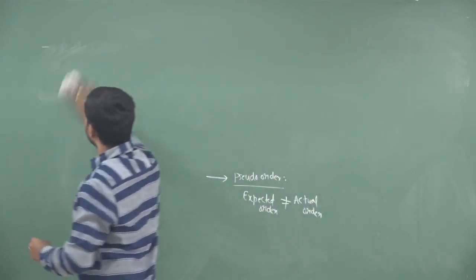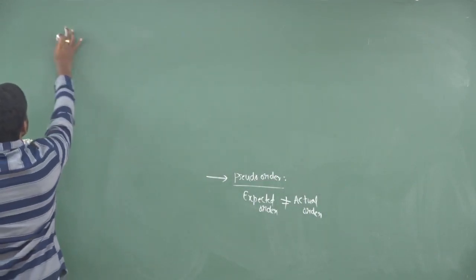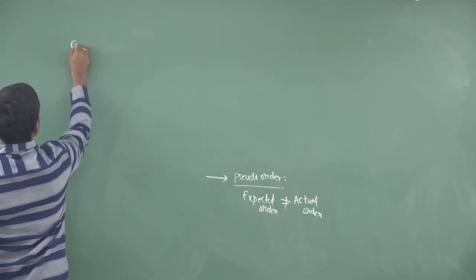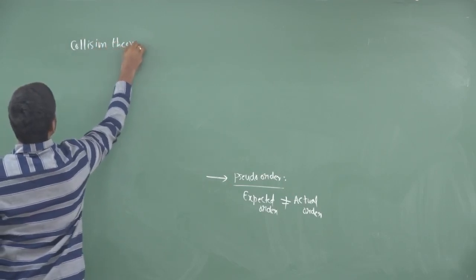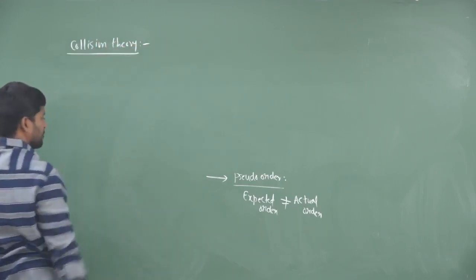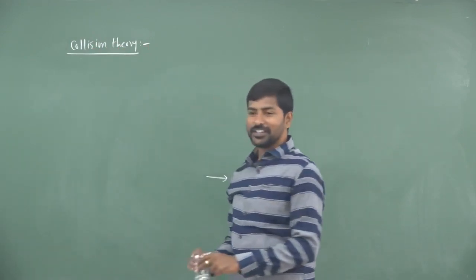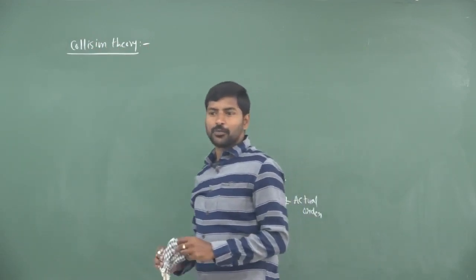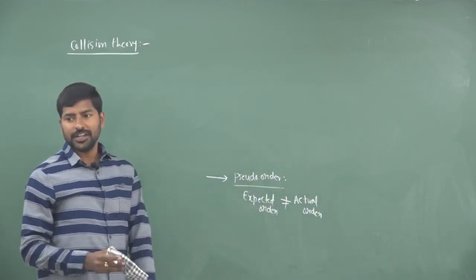These are some basic concepts from chemical kinetics. Next one, collision theory. According to collision theory, it explains, when a reaction occurs, why the rates of different reactions are different.